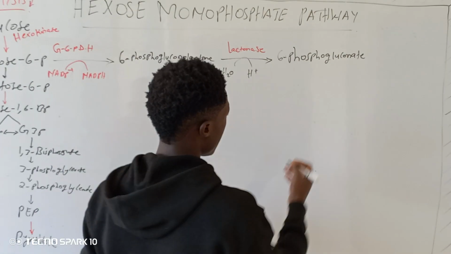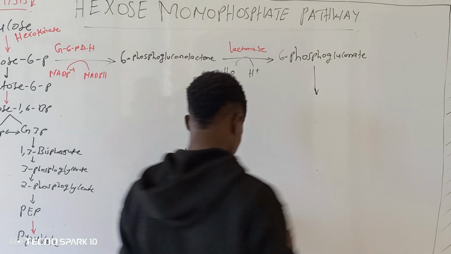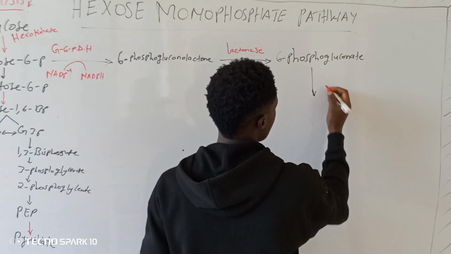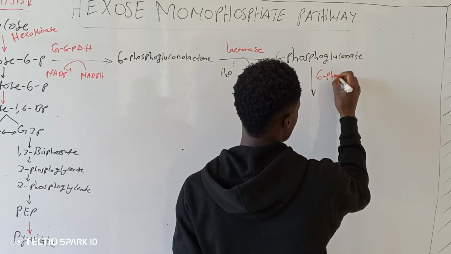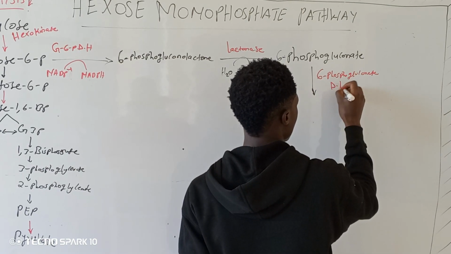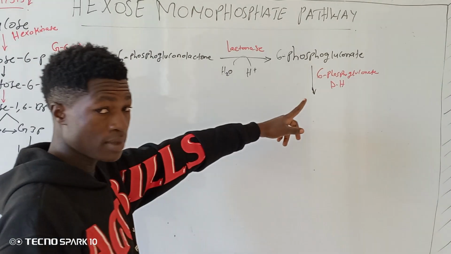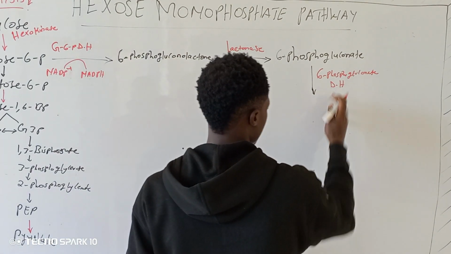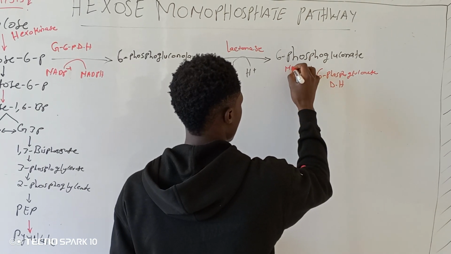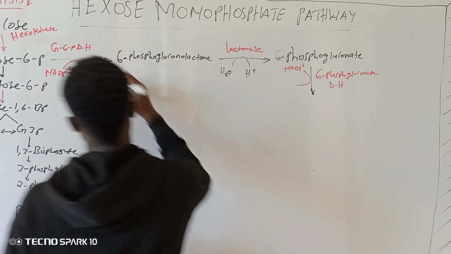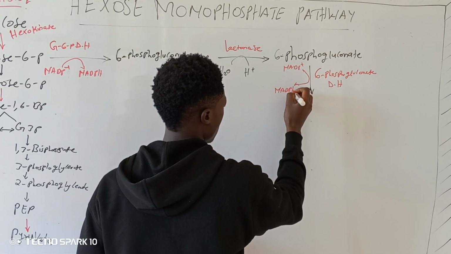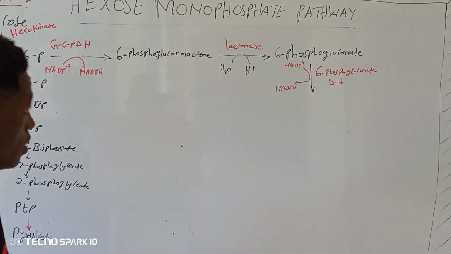Now, let's proceed. 6-phosphogluconate is going to be acted upon by another enzyme. What is this enzyme? See this. This enzyme is called 6-phosphogluconate dehydrogenase. And I told you, whenever you get the term dehydrogenase, it involves NADPH, in this case NADP plus is going to be converted to NADPH. Alright.